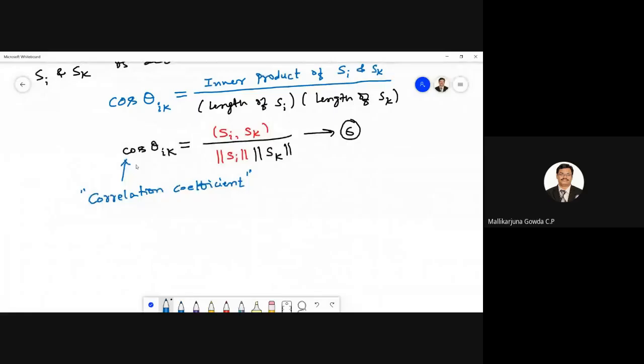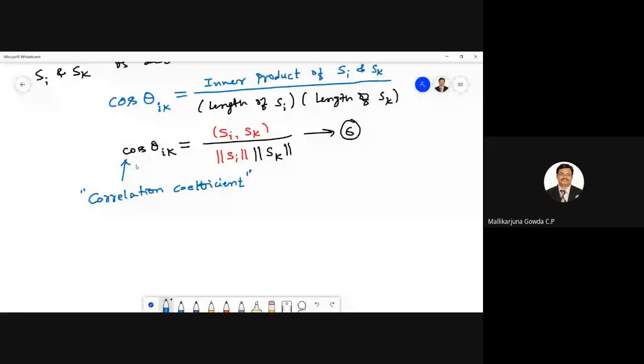The two vectors Si and Sk are said to be orthogonal if their inner product is 0.